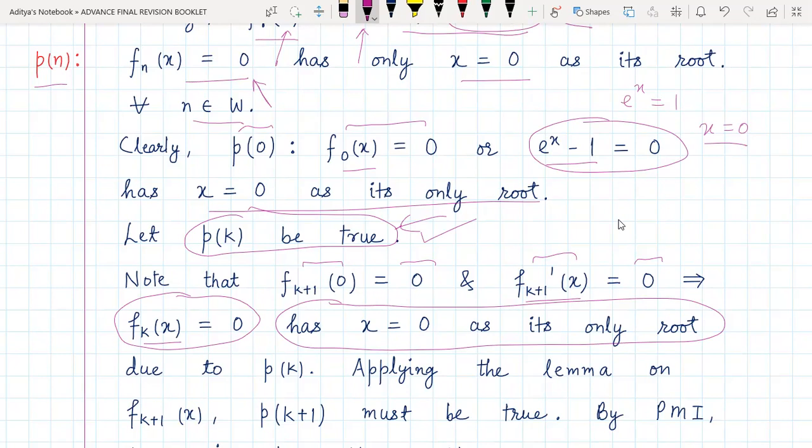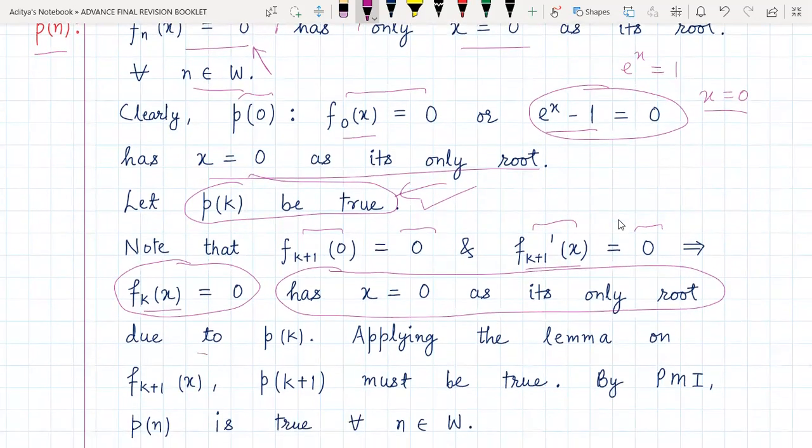So due to p of k, we can say that this equation will also have x equal to 0 as the only root. Now applying the lemma on the function f k plus 1 x and taking alpha as 0, p of k plus 1 must be true, because we can observe that f k plus 1 of alpha is 0, and f k plus 1 prime x equal to 0 has x equal to alpha as its only root, right?